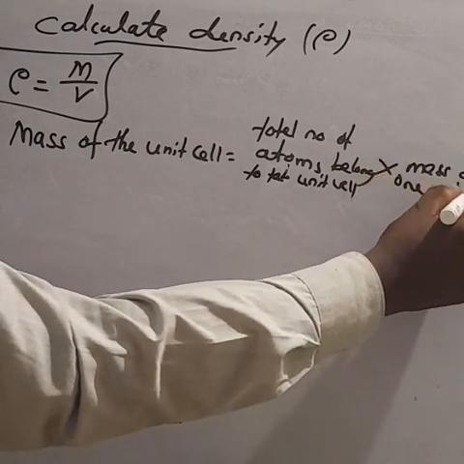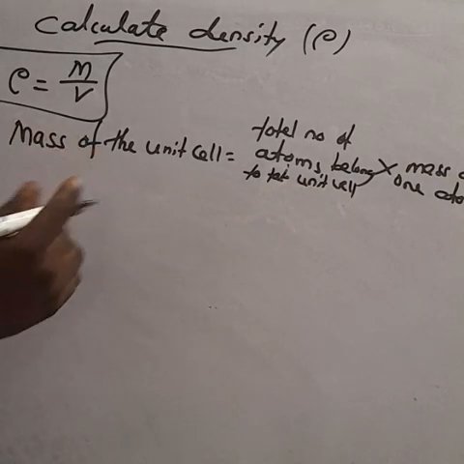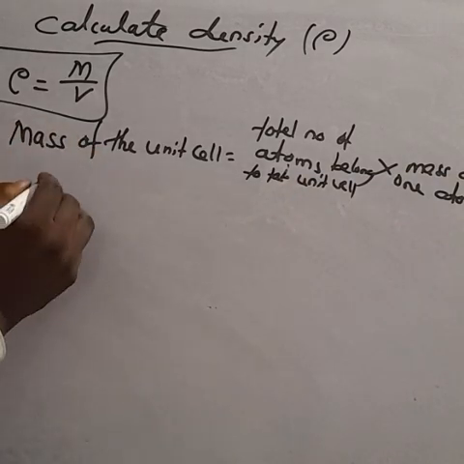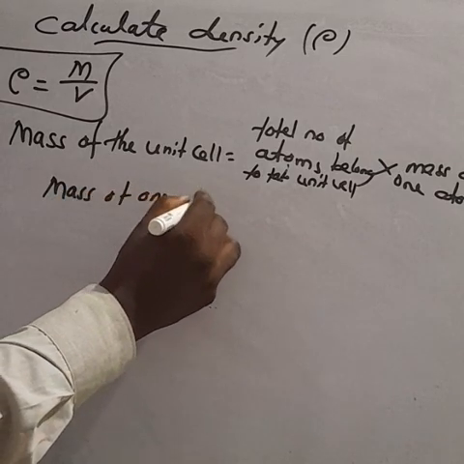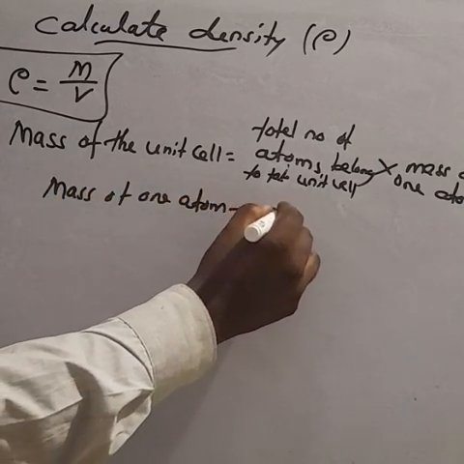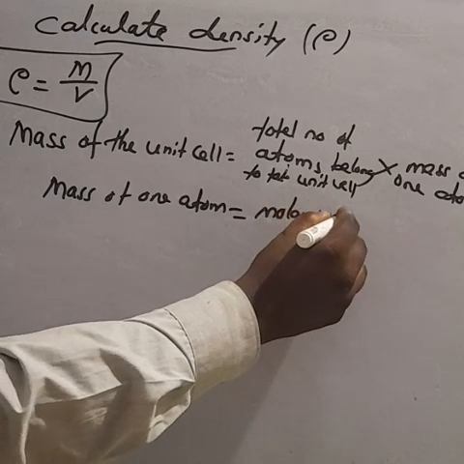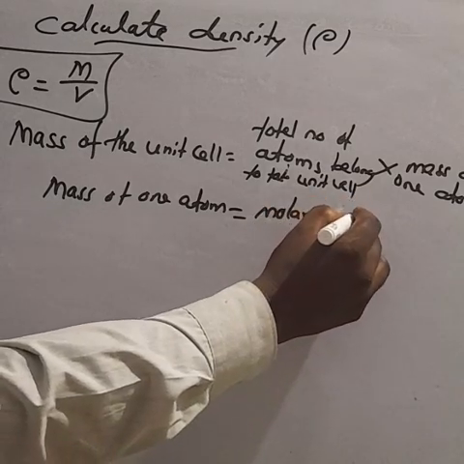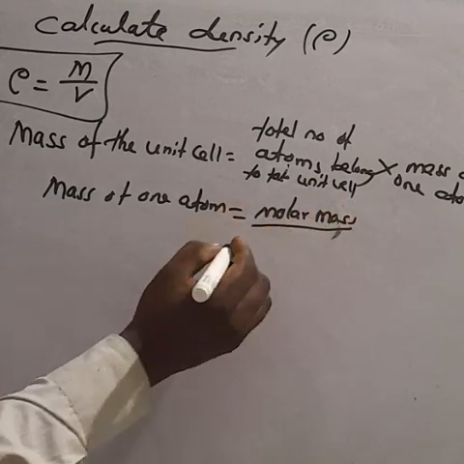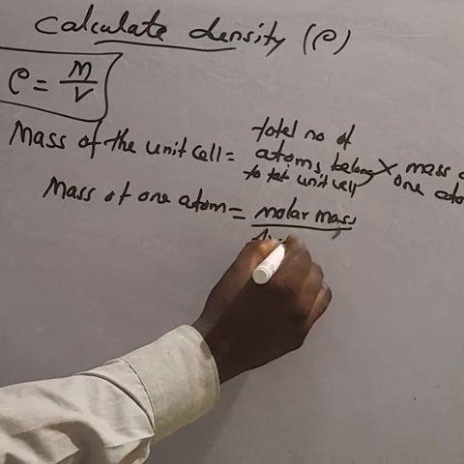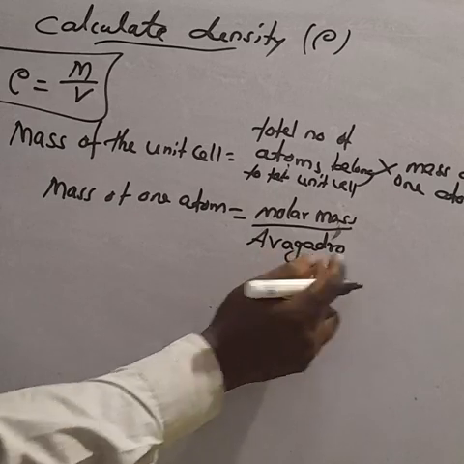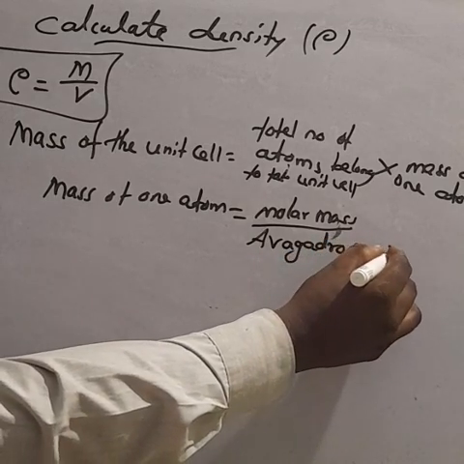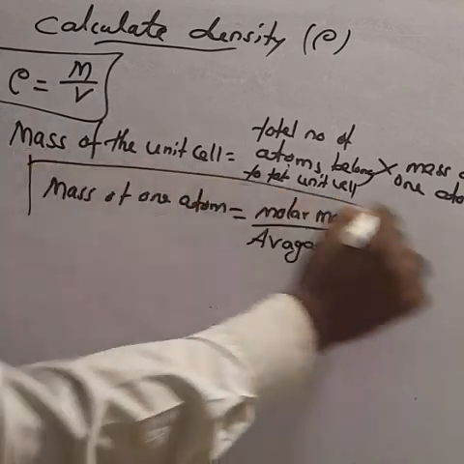The mass of one atom is equal to molar mass divided by Avogadro number. What is the Avogadro number?